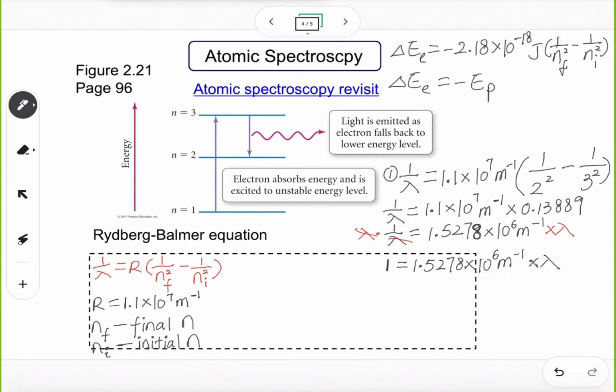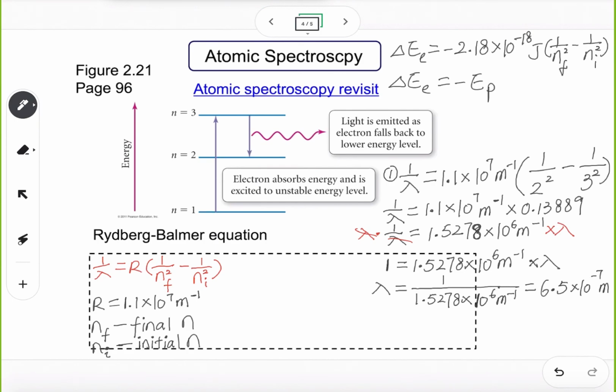So lambda equals 1 divided by 1.5278 times 10 to the 6 meter to the negative 1. And my calculation tells me that's going to be 6.5 times 10 to the negative 7 meter.